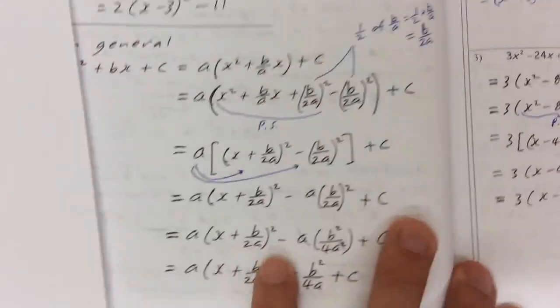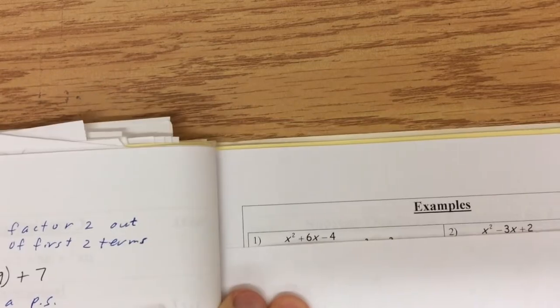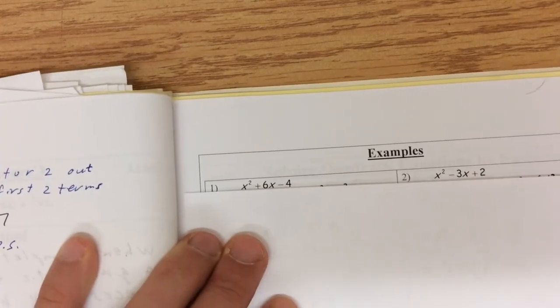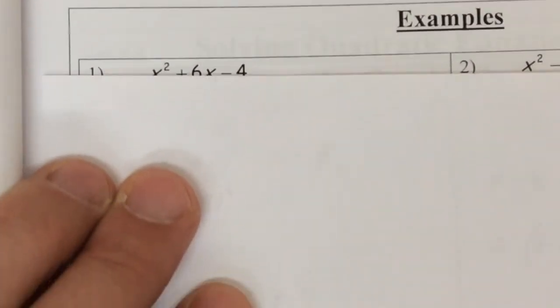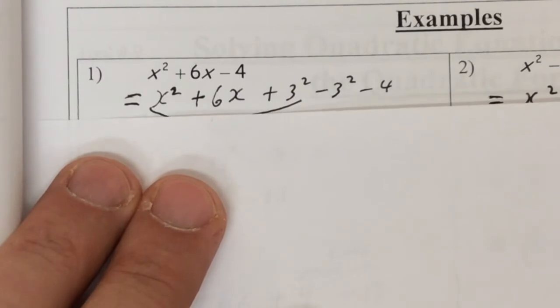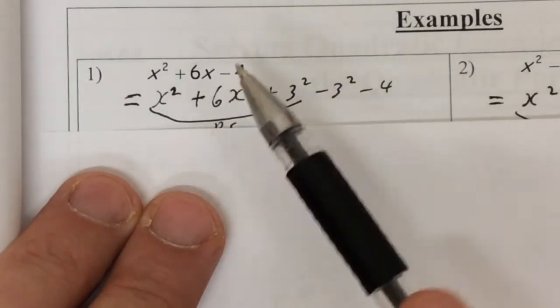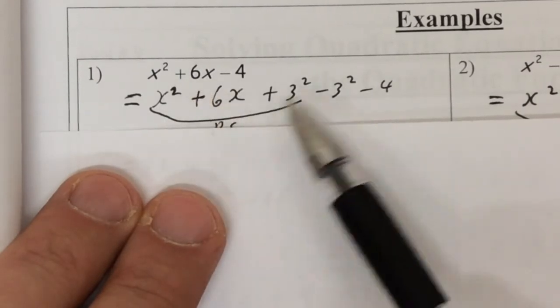Now we're going to look at some examples. Okay, so the example here, we're going to look at x squared plus 6x minus 4. We factor that, or to get the perfect square, so half of 6 is 3.